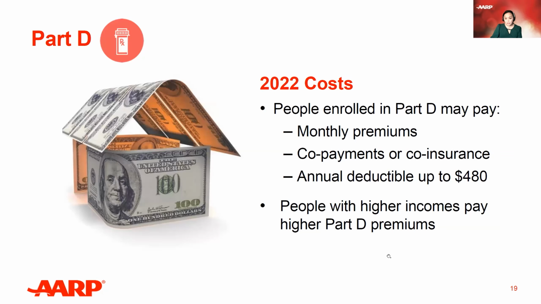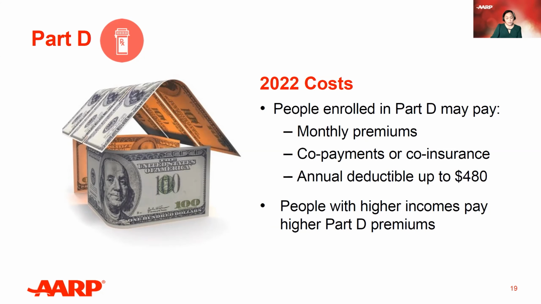Looking at costs for Part D, people enrolled in Part D may pay things like monthly premiums, co-payments, or co-insurance. There's an annual deductible of $480. Similar with original Medicare Part B, people with higher incomes may pay higher Part D premiums.